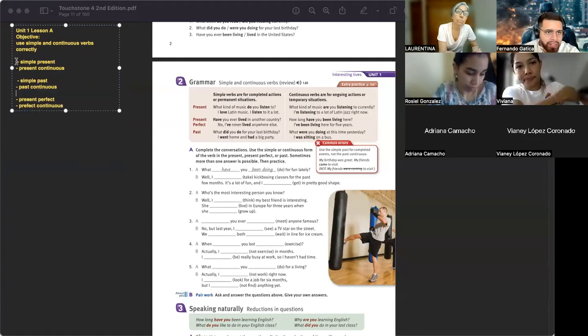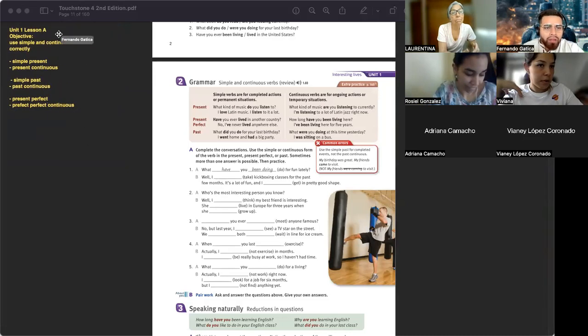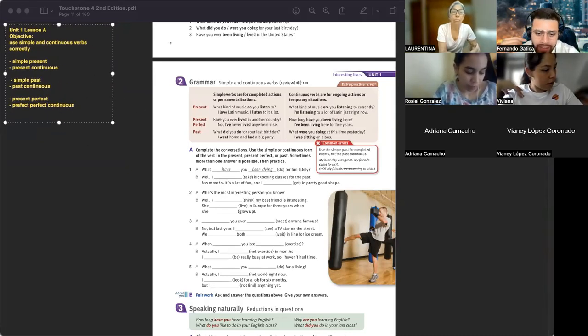The simple present, present continuous, simple past, past continuous, present perfect, and present perfect continuous. Okay, I need you to take notes because I'm gonna write fast and I'm gonna erase fast because it's a lot of information.